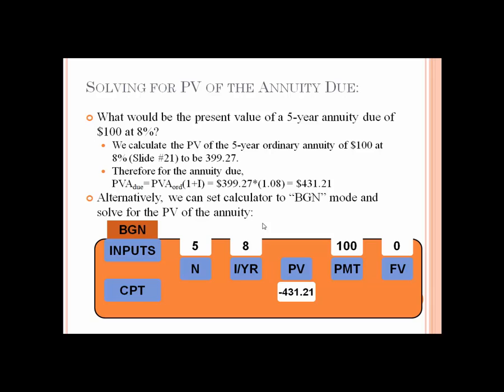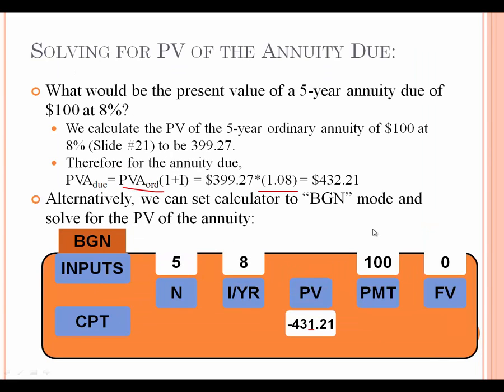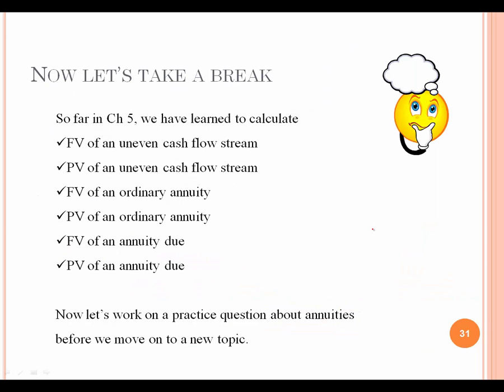And if you use your financial calculator under the beginning mode, you compute the present value based on 5 years, 8% interest rate, and $100 payment, and your result will also be 431.21.